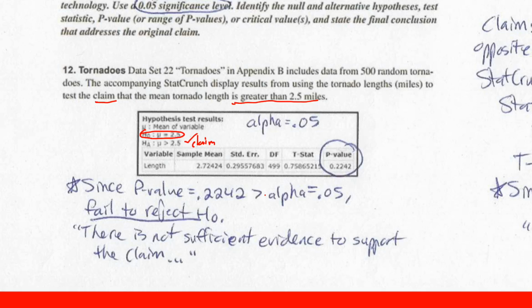Now, p-value is 0.2242, and since that is a big number compared to 0.05, and it's greater, we're going to fail to reject H0. There's not sufficient evidence to support the claim that the mean tornado length is greater than 2.5 miles, okay? Sounds great, but it's just not enough evidence to support that claim. It's either equal to 2.5 or it could be less than as well.